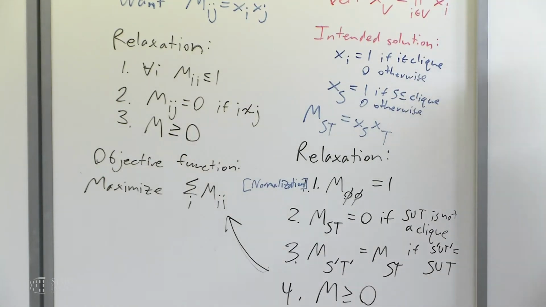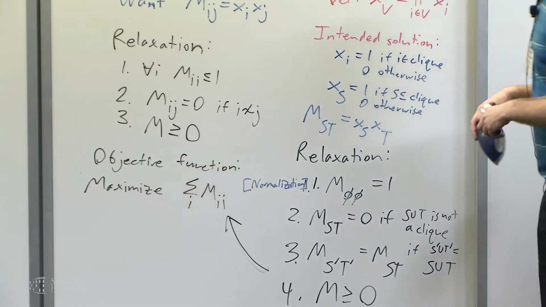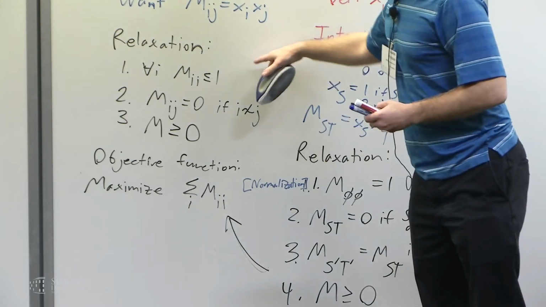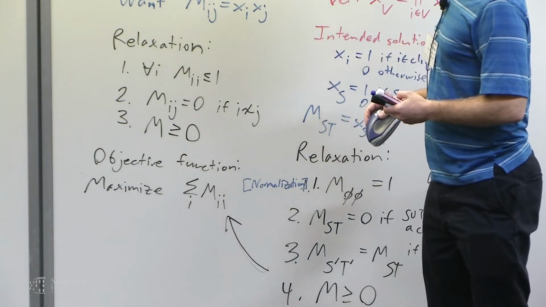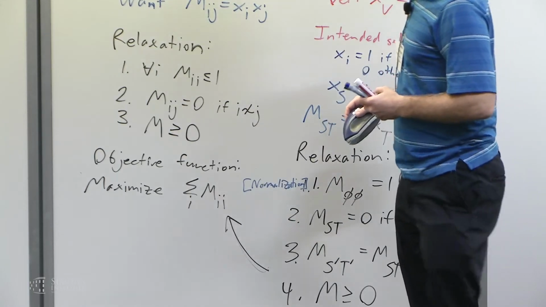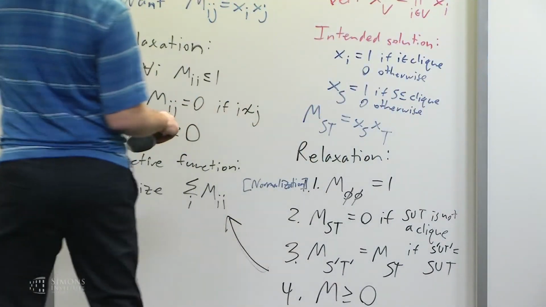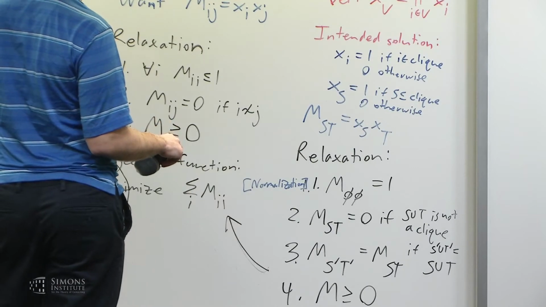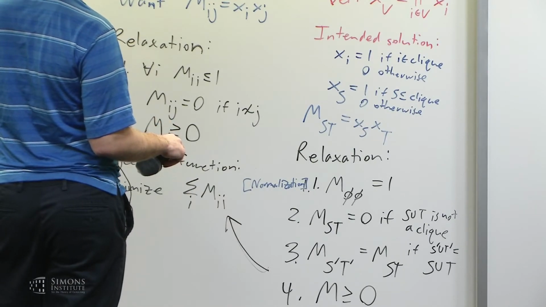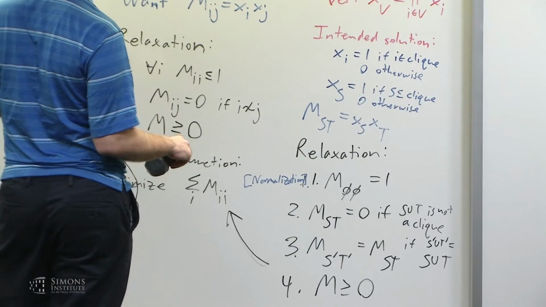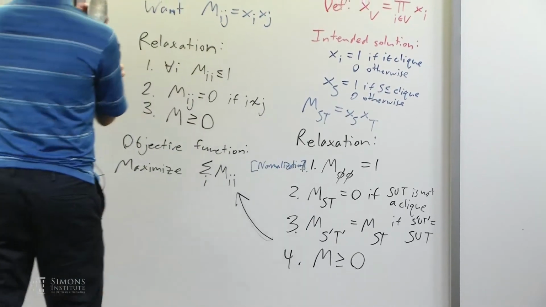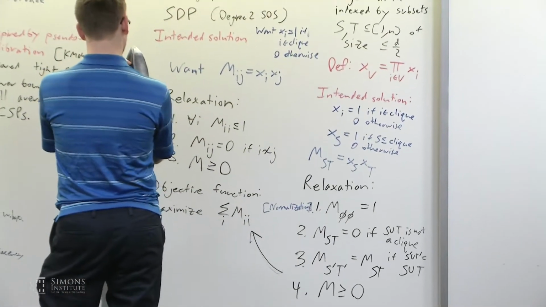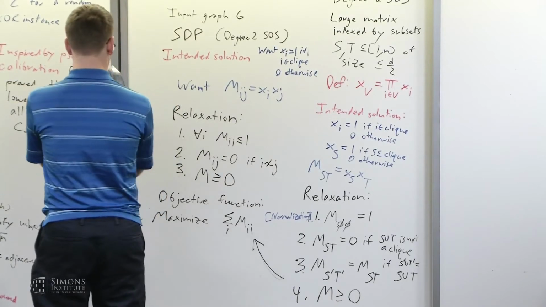Sorry, can you say in the first one why the identity matrix is not a feasible solution to this program that you wrote down? Let's see. Actually, there should be a row for the empty set.